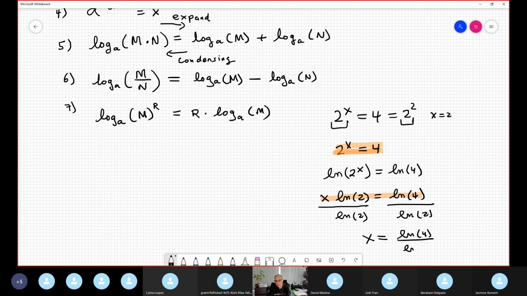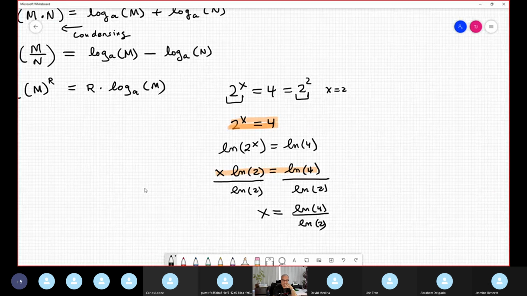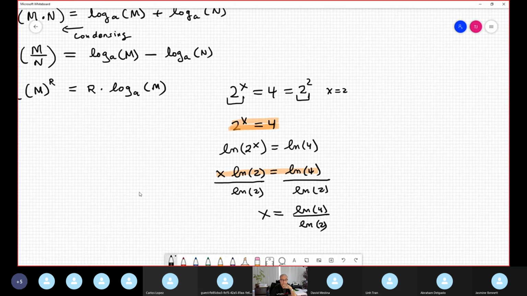Well, professor, what is the reason that you select ln? Well, you can select any logarithm. I select log or I select ln, right? Now, you put it in the calculator if you want, or it's not necessary because it's elementary.